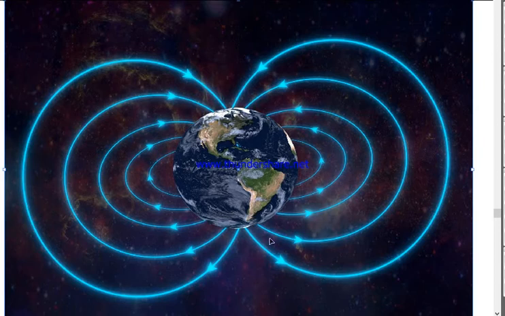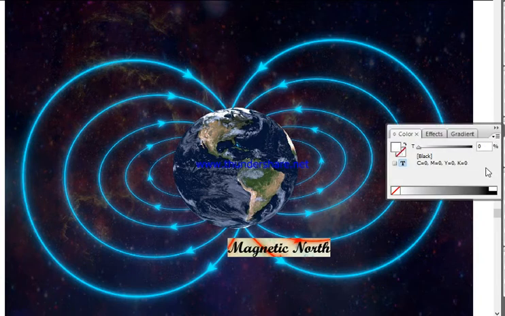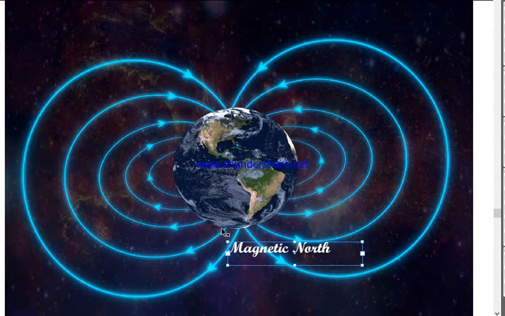Well, no, I don't think so. See, the magnetic line of force is starting from here. Yes, it is starting from south pole of earth and running toward north pole of earth. It suggests the fact that the north pole of magnetic earth, that we also refer to as magnetic north, is actually at the south.